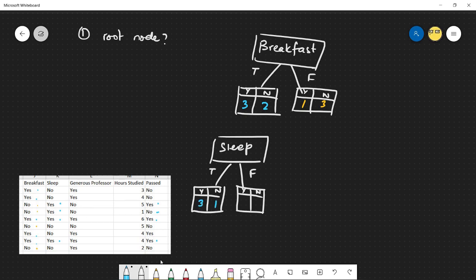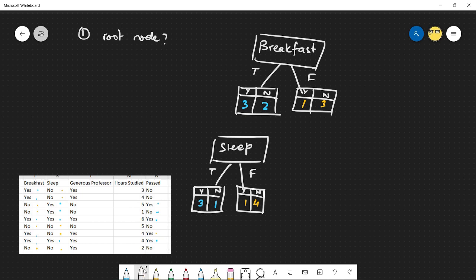When sleep was false, the yellows, which is 1, 2, 3, 4, 5, I have 4 who did not pass, and this one passed, so 1 passed.